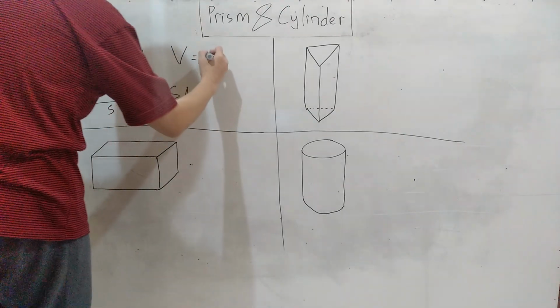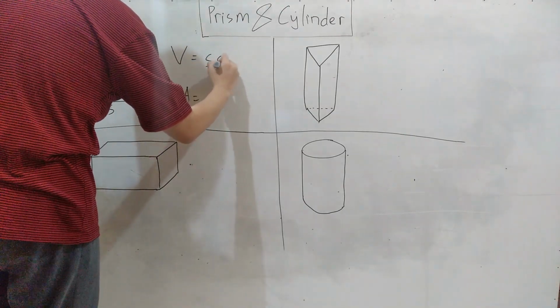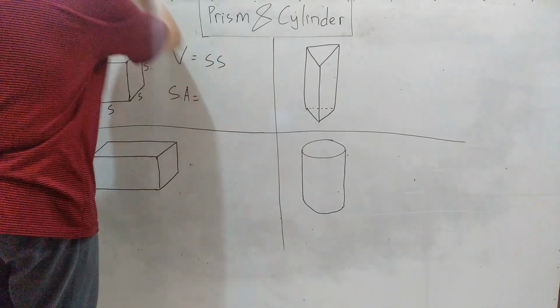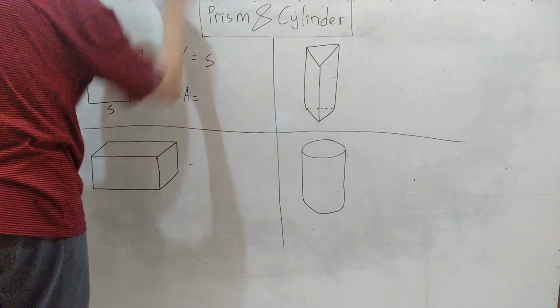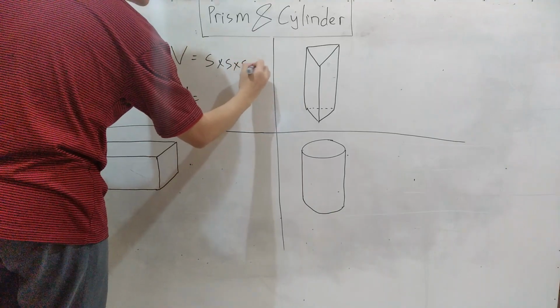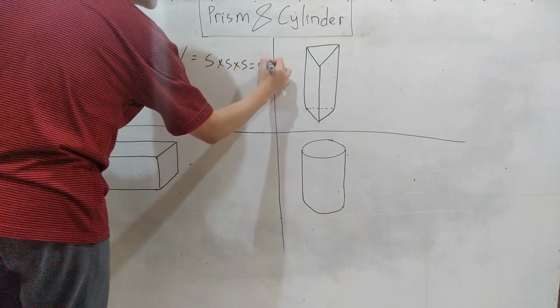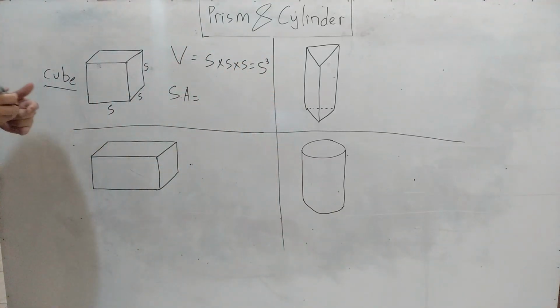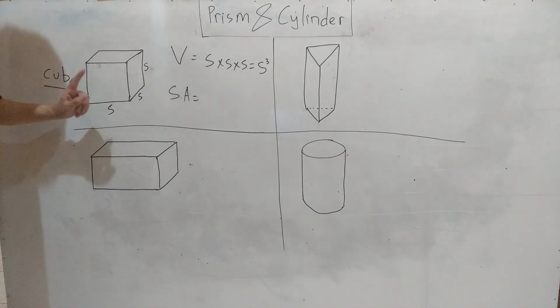That's why you will get side times side times side, which will give you side cube, or S cube. That's the formula of the volume of the cube.